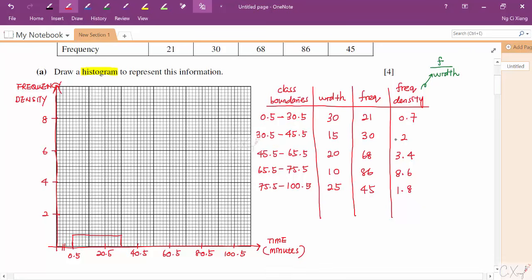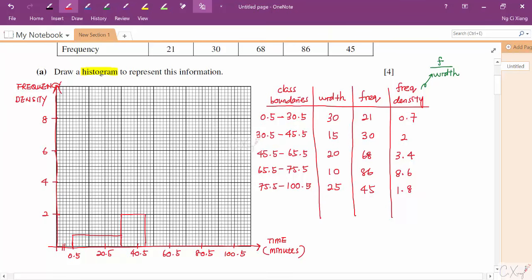Then the next one will be 2, which is from 30.5 to 45.5. So 45.5 will be halfway between 40.5 and 50.5. This is 45.5, and the height should be 2, where I will have it until here. Maybe I can draw it more accurately on the line.